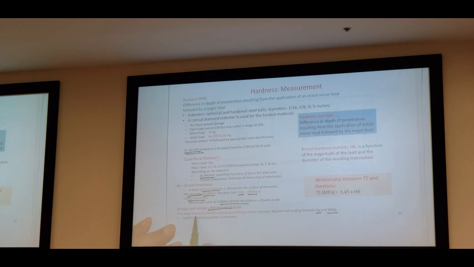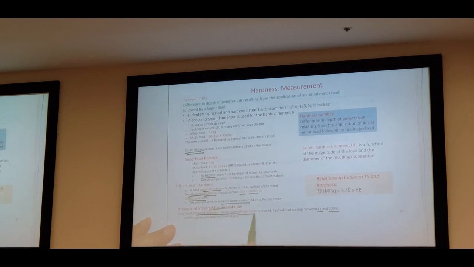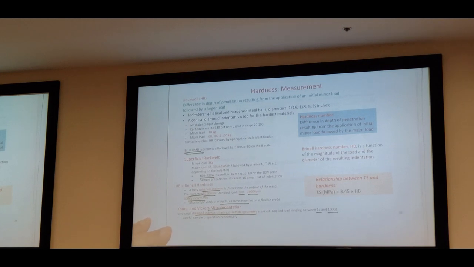A diamond indenter having pyramidal geometry is used. That is the new and smallest microindentation. Diamond indenter is used, and careful sample preparation is necessary. I will show you the video after this one.